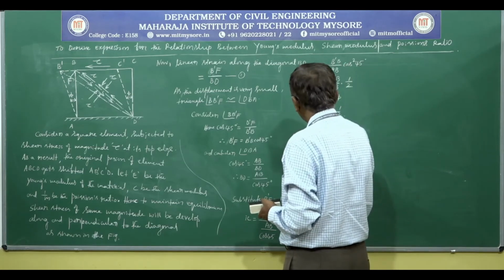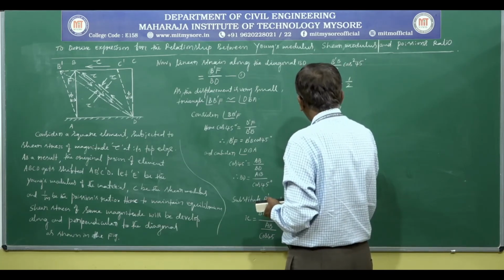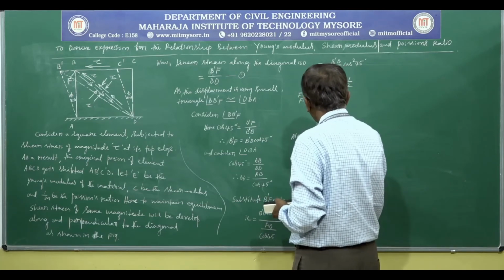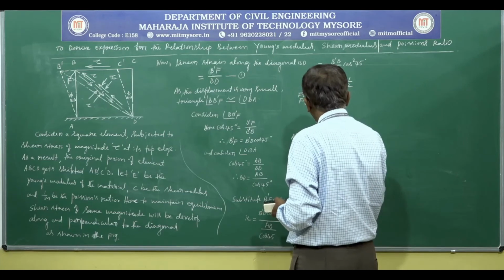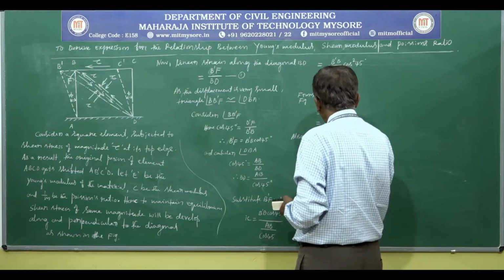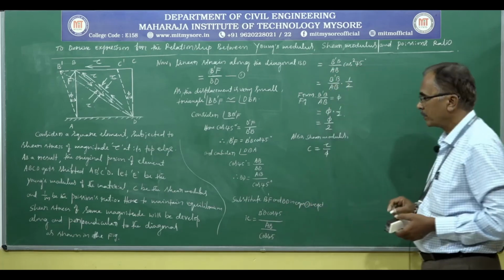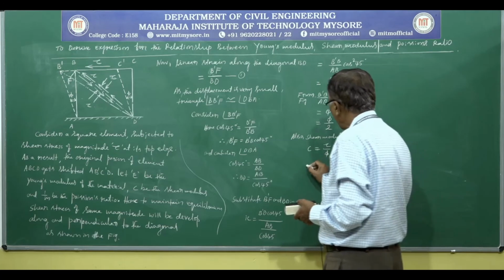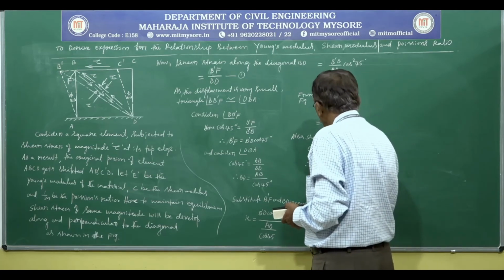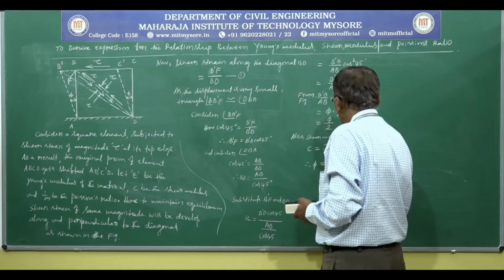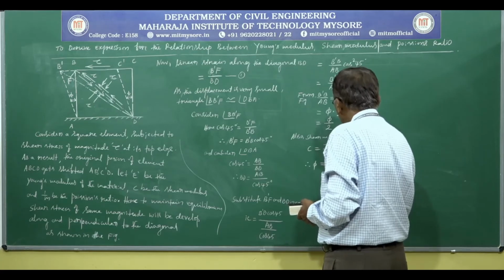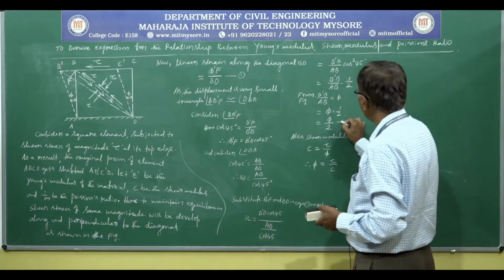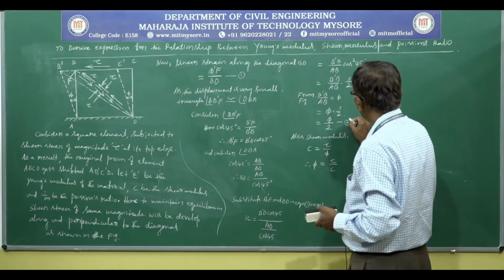Also, shear modulus C is equal to, as we just defined, shear stress tau divided by shear strain. Therefore, shear strain is equal to tau divided by shear modulus. Call this equation 2.